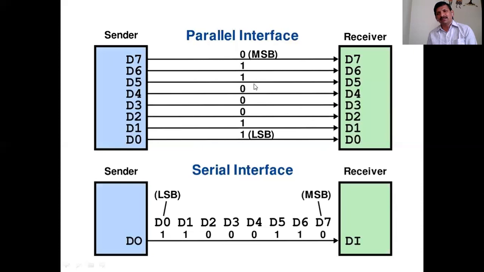So accessing time reduces, which means speed increases, like printers. The disadvantage is it requires multiple wires, so the cost is high when compared with serial communication for long distance communications.